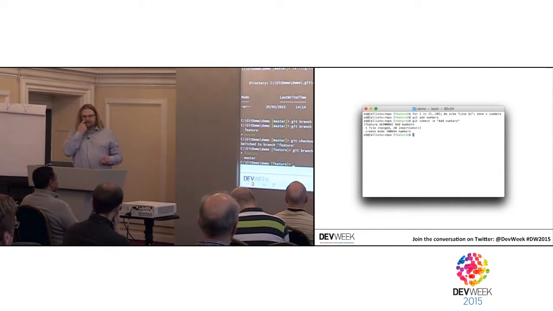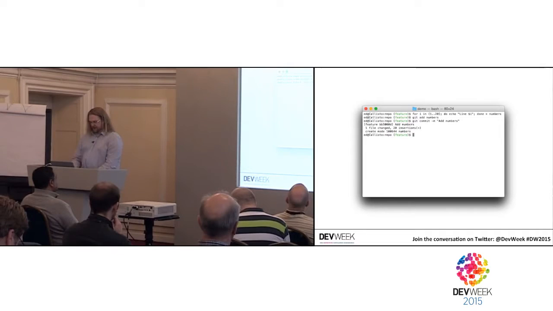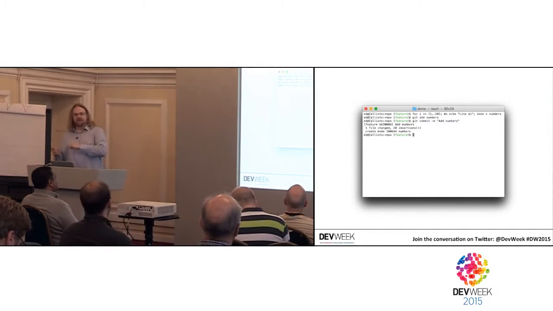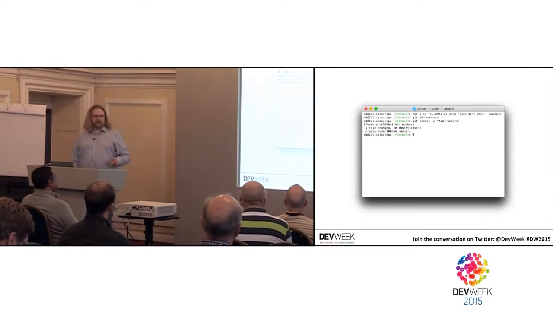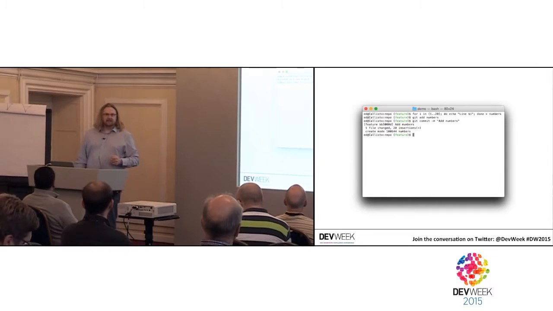Okay? So now what we'll do is, sorry, I could have done this in one step. As opposed to saying git branch and git checkout, I could just do a git checkout -b, which just says if the branch doesn't exist, create it.